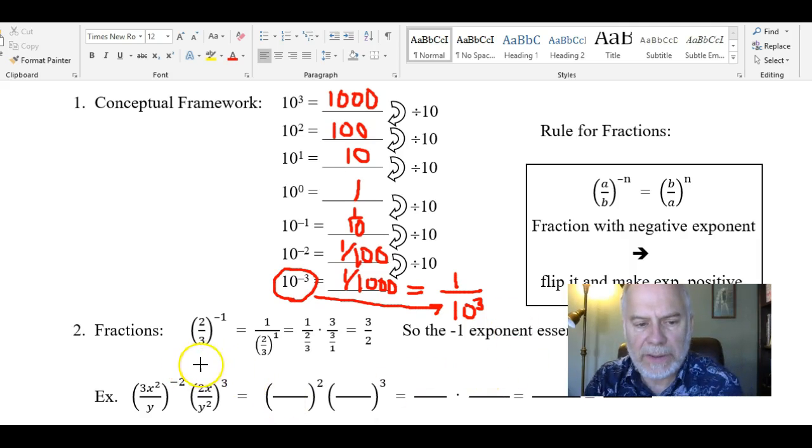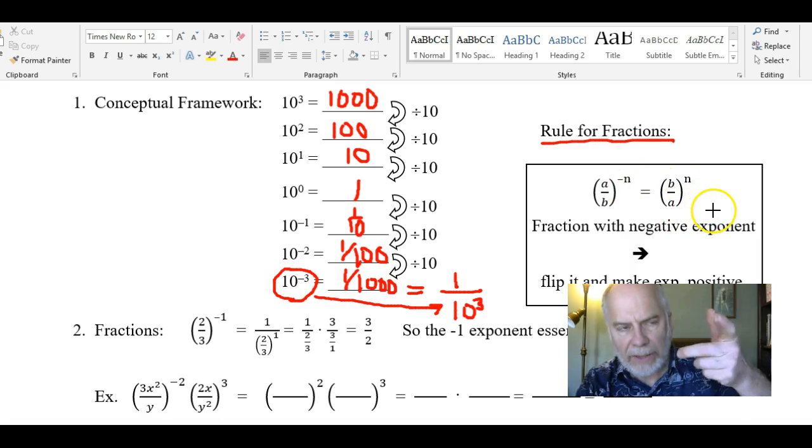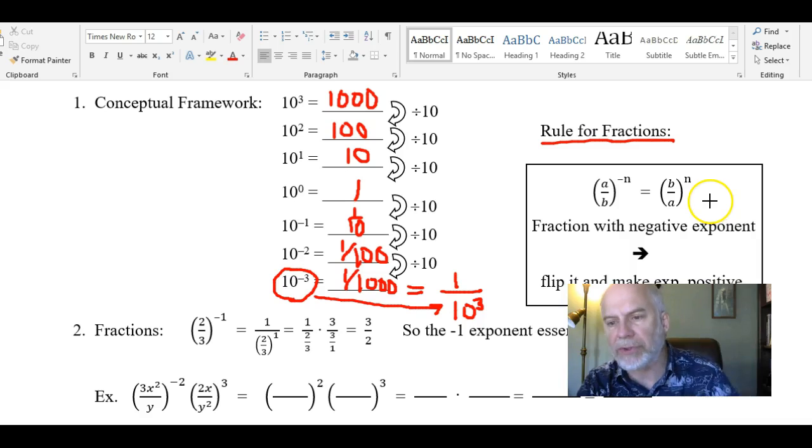Now, this next example talks about what do you do if you have fractions. And over here, rule for fraction, if you have a fraction to a negative exponent, you just flip the fraction. You don't have to do the 1 over thing. You just flip the fraction and change it to a positive exponent. So over here, I actually did the 1 over thing, but I wanted to basically show you that it's basically flipping the fraction.